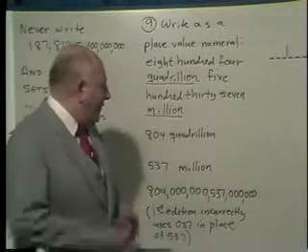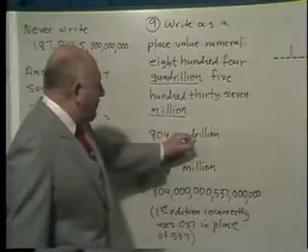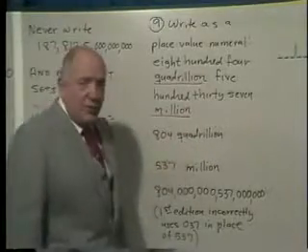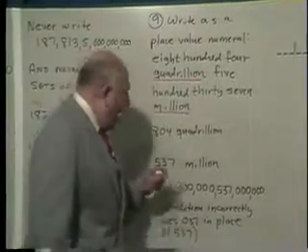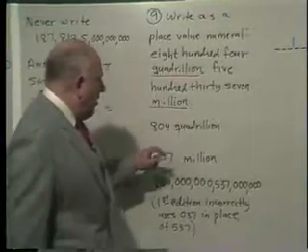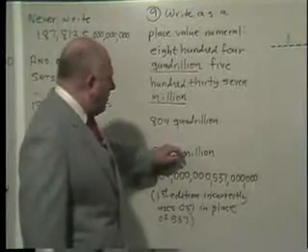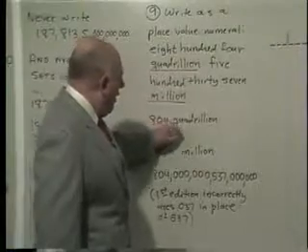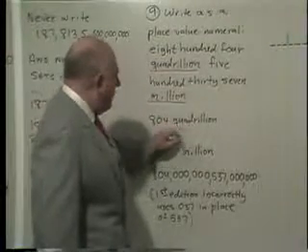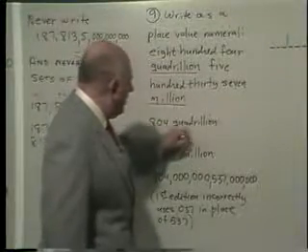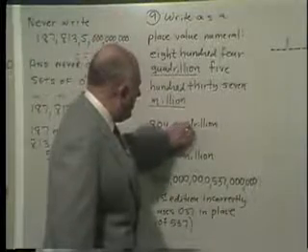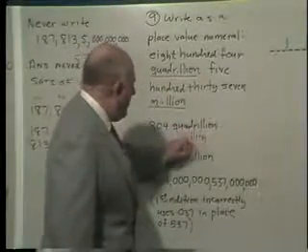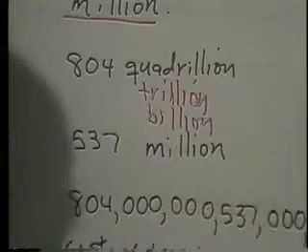So what do I have? 804 quadrillion, 537 million. Now, how do I locate the zeros? What comes between quadrillions and millions? See, before quad comes tri, and before tri comes bi. So it's trillion and billion.